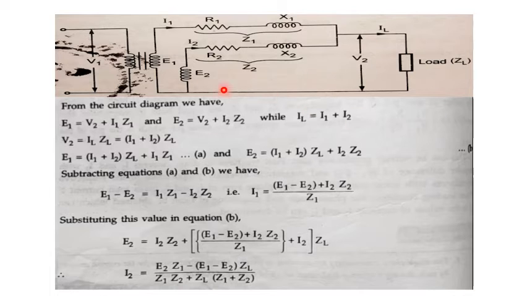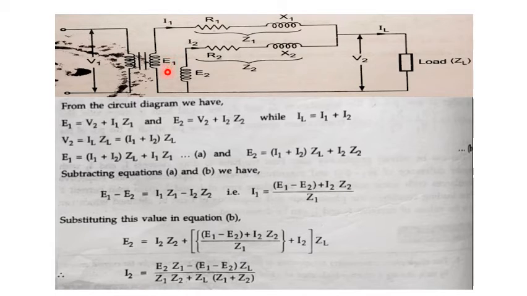Now again, from the circuit diagram, just write down the induced EMF of transformer 1 and induced EMF of transformer 2 by applying KVL, Kirchhoff's voltage law.